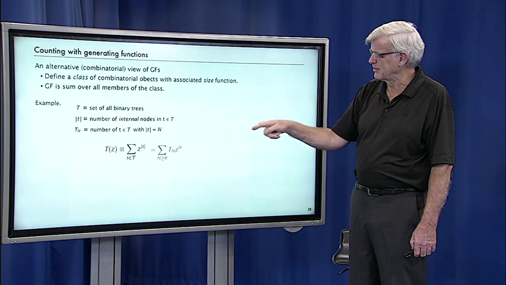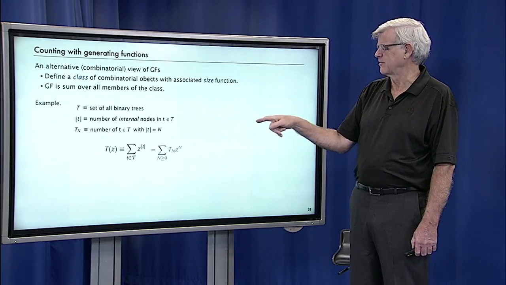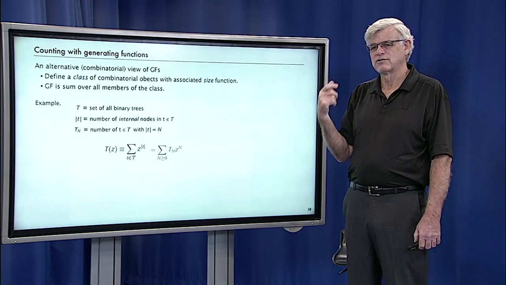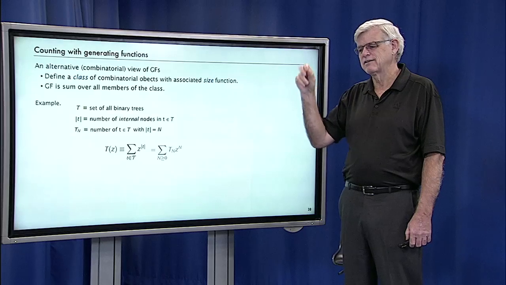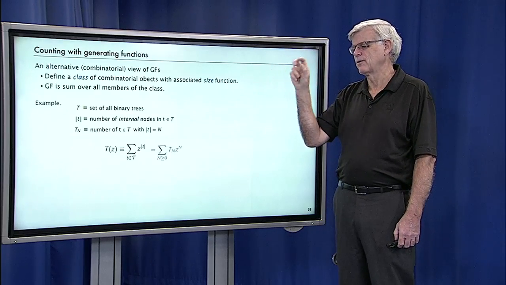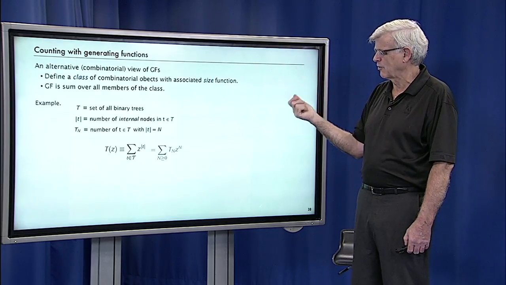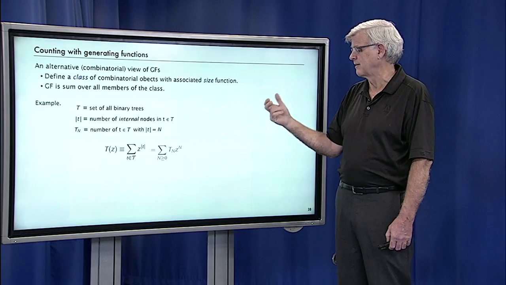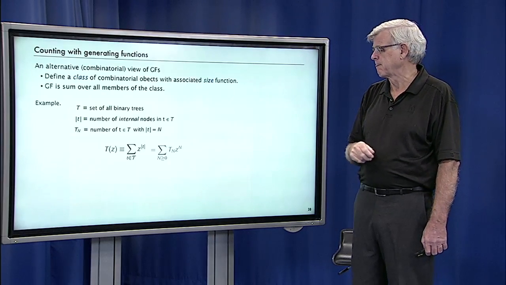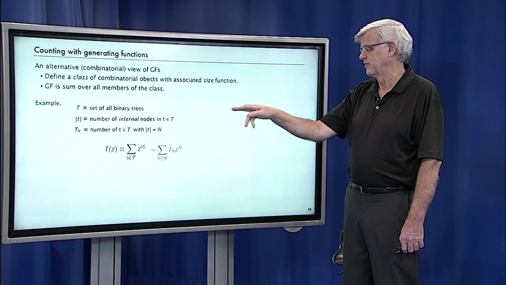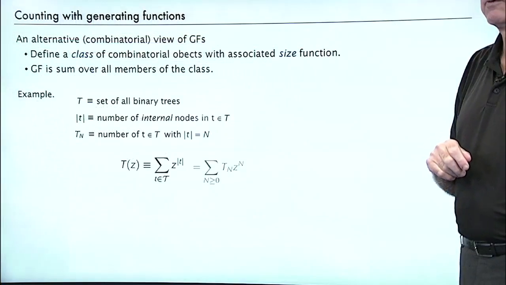So that's a fundamental idea on this equation. We sum over all possible trees, but since it's z to the size of the tree, all the ones of the same size are going to contribute to the coefficient of that size, say n, and give us t sub n. So it's the same generating function looked at a different way.